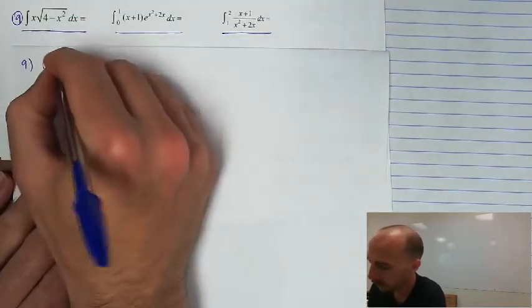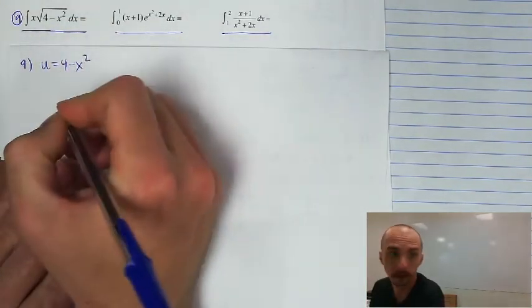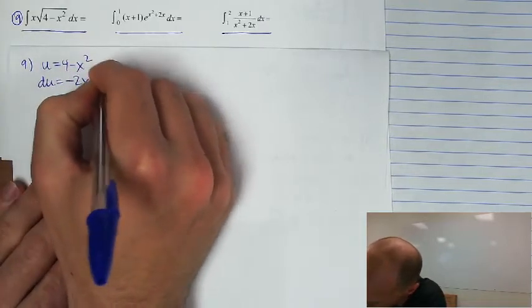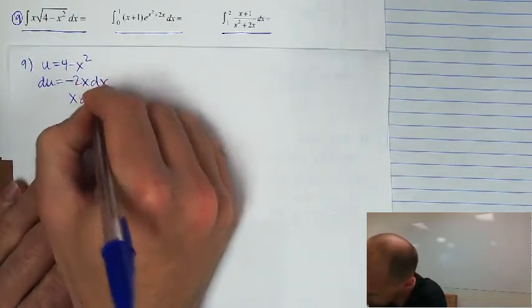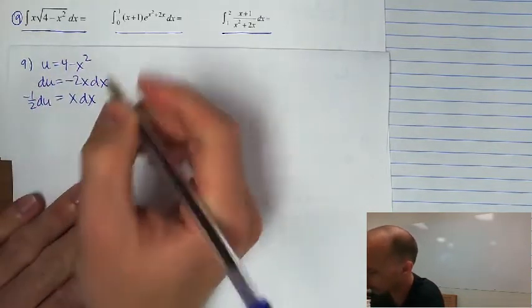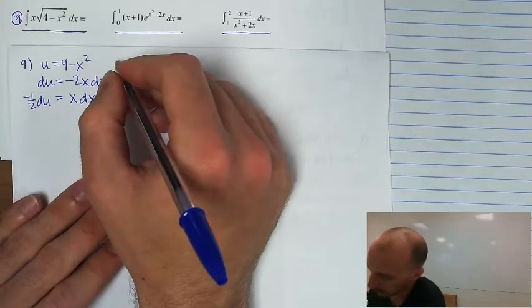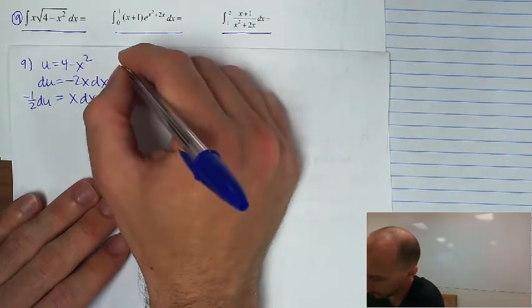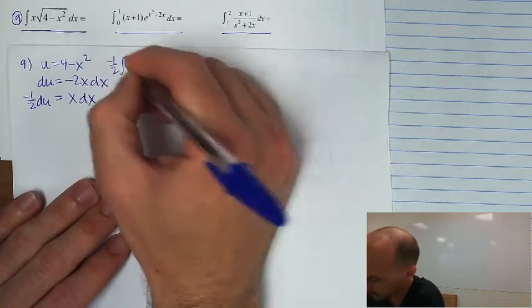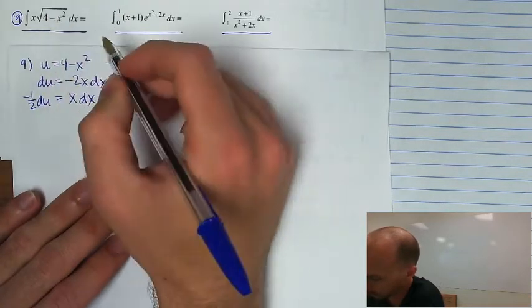So for number 9, I'm going to let u equal 4 minus x squared, so that du is negative 2x dx. All I have is x dx. It'll be negative half of du. Then I'll be integrating negative 1/2 square root of u du.